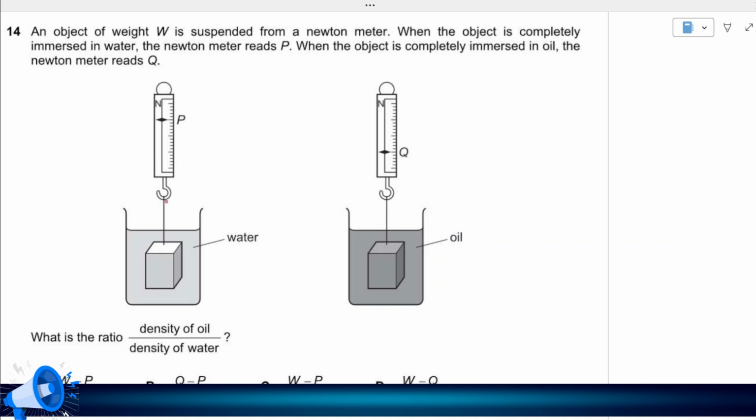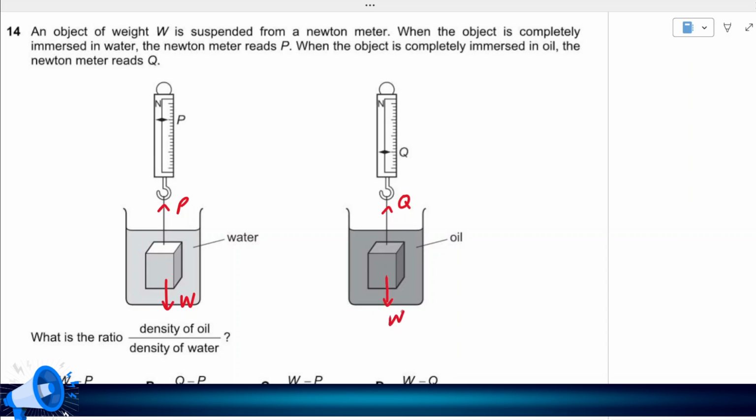See, I'm going to label the forces for the first one. There would be force on the spring balance, which is represented by the symbol P, force on the Newton meter. Let's call this force P, and the other one is labeled as Q, the force on the spring balance. Weight would be vertically downward.